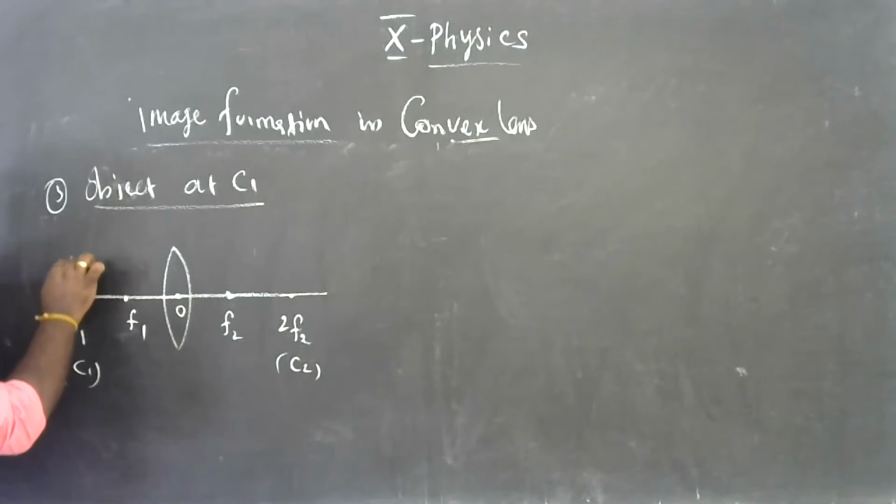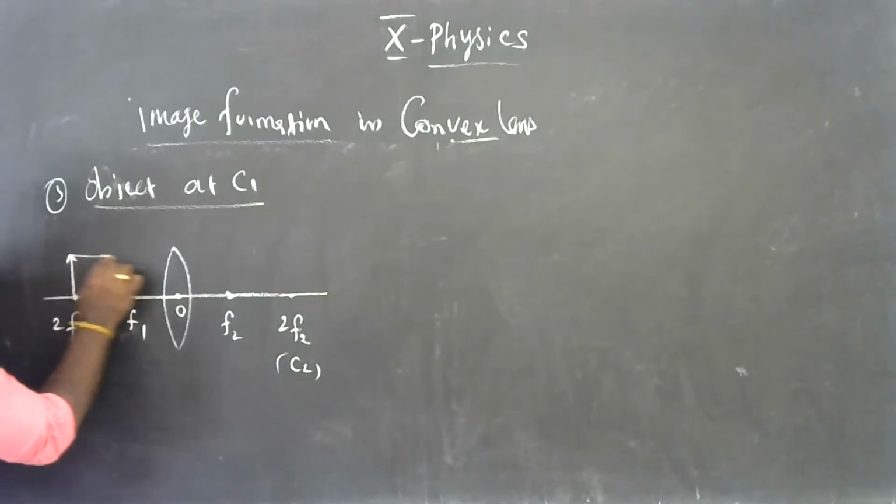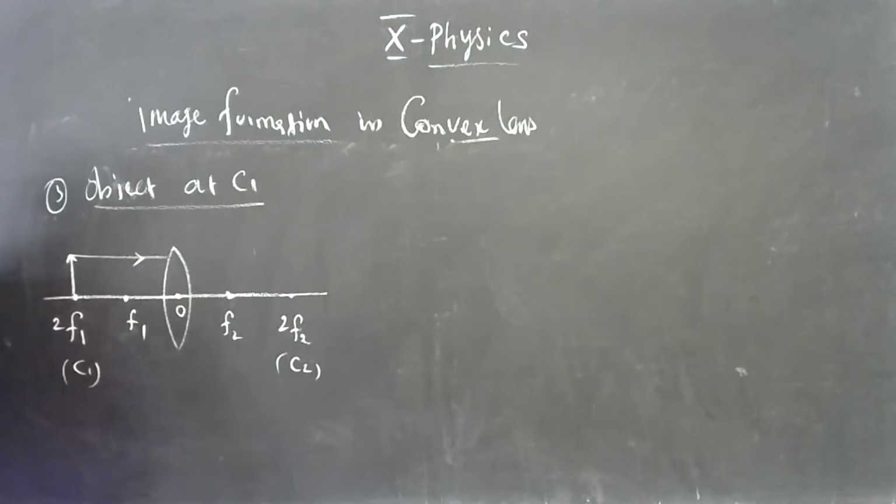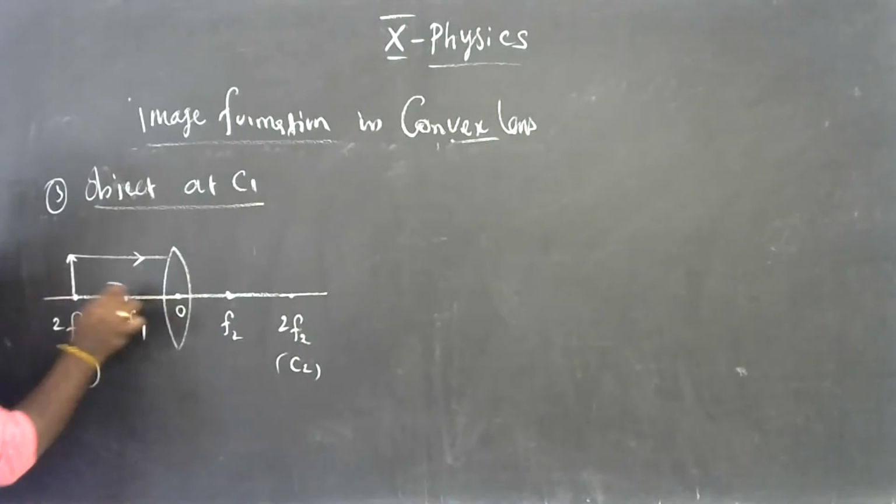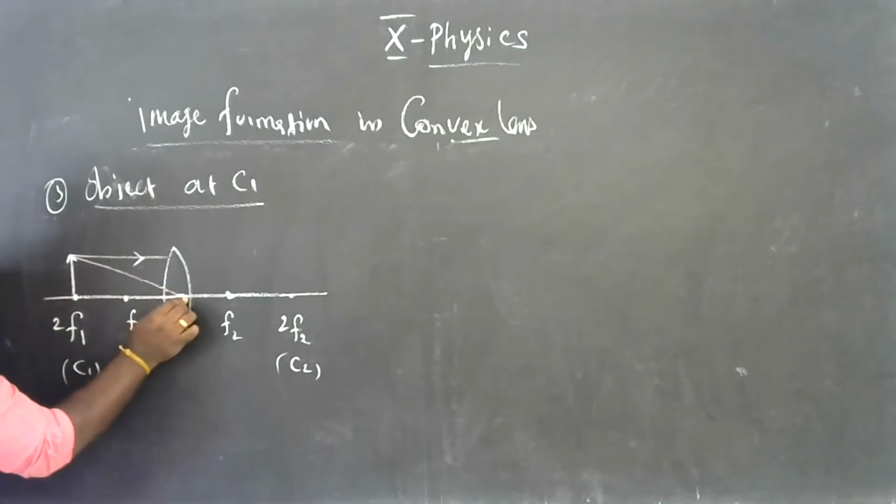Now we are placing the object at C1. In this case also we consider the two incident light rays. One is parallel to the principal axis and another one is passing through the optical center.